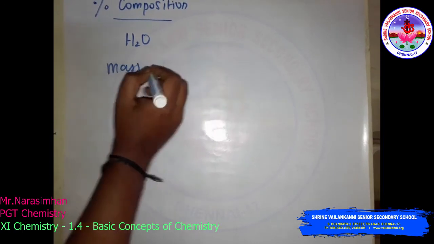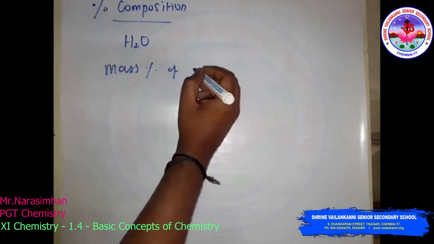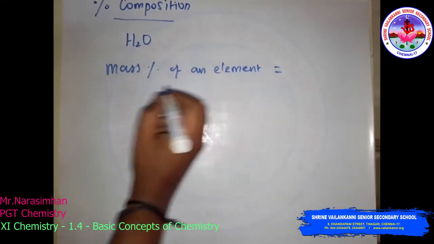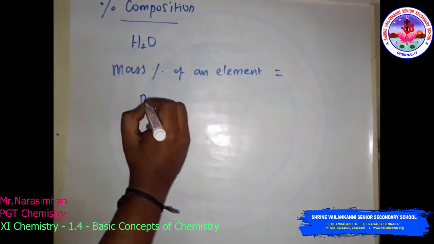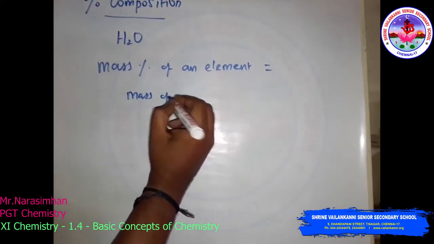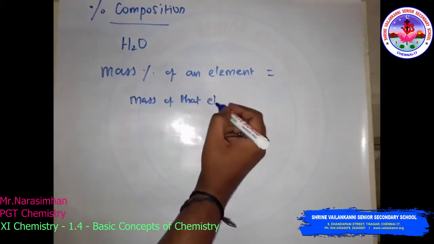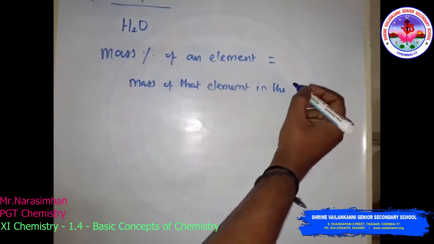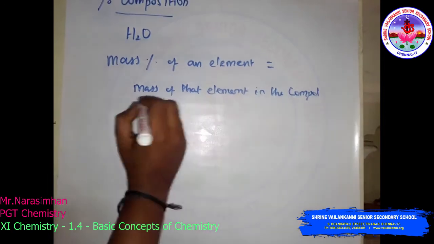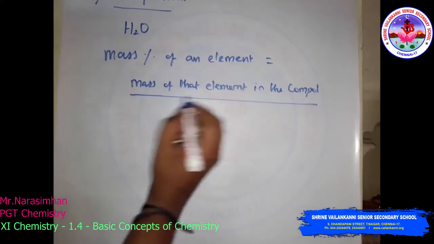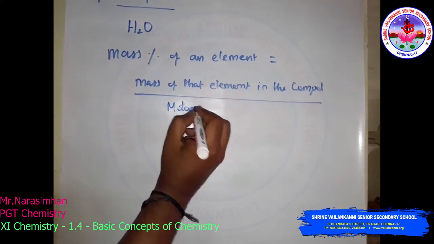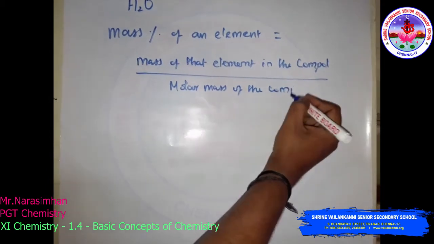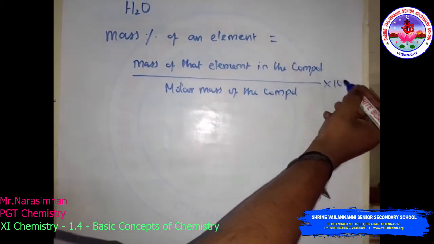Mass percentage of an element is equal to the mass of the element in the compound divided by the molar mass of the compound, into 100 because of the percentage.